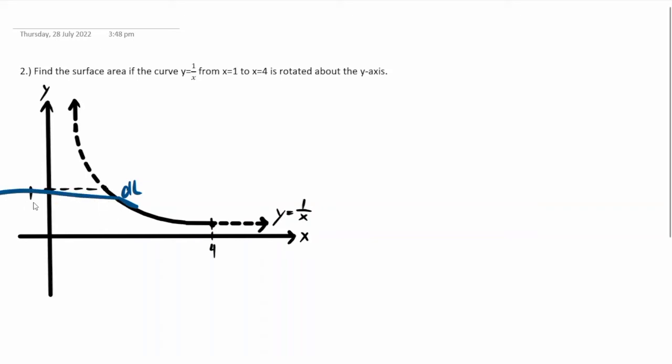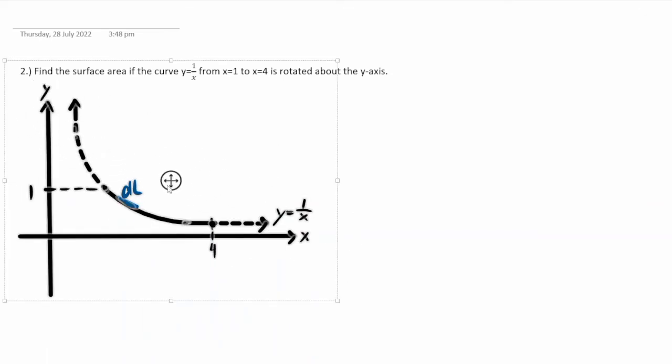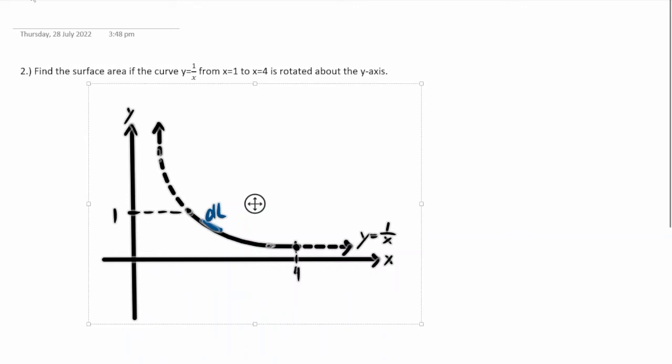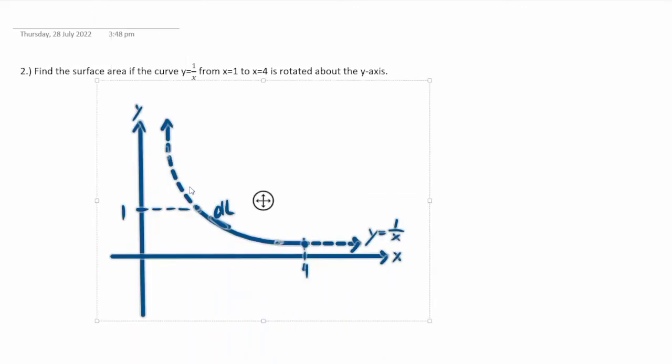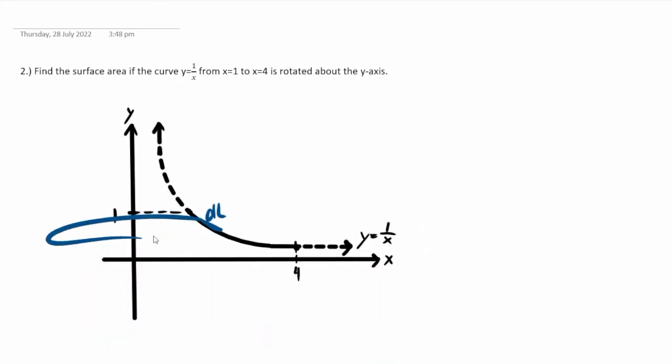And then make a hollow shell. This is our strip.